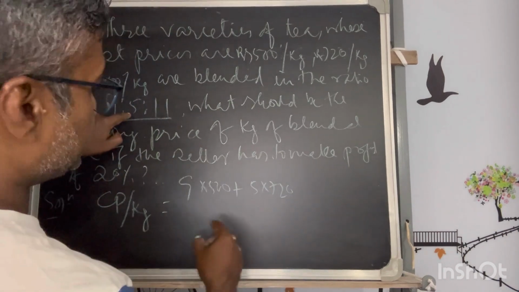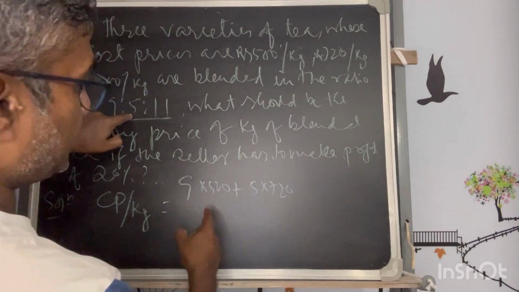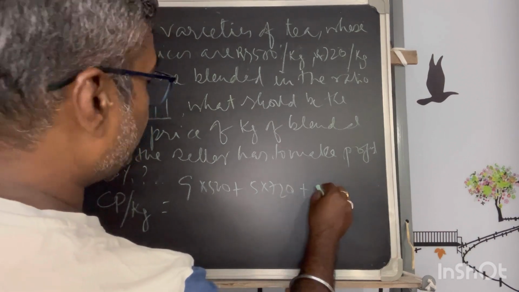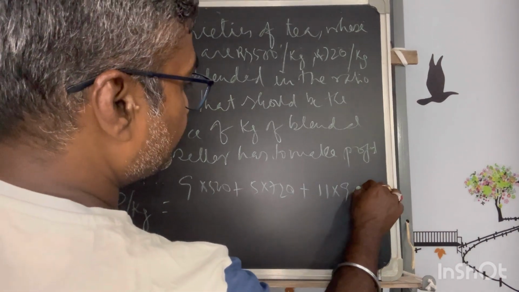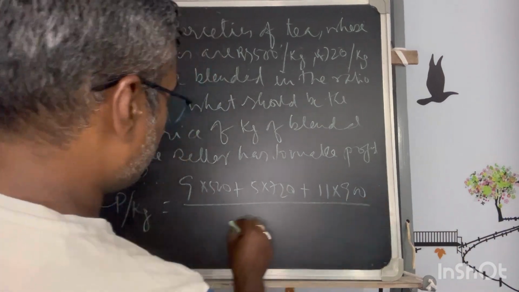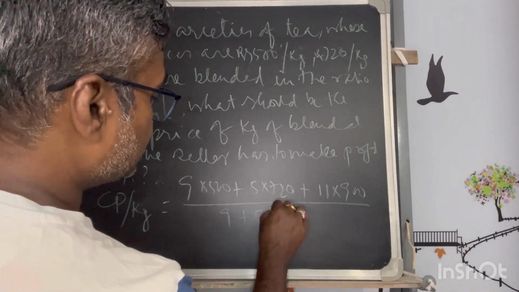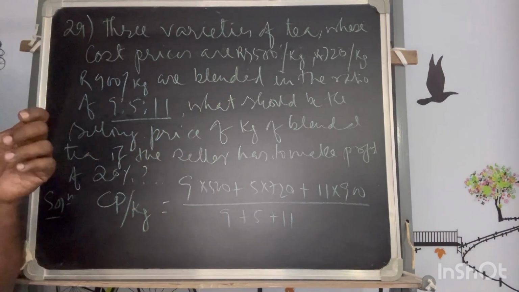I am just taking the ratio directly, not taking any multiplier factor. That will give you the same result, because x is not a part of this, divided by 9 plus 5 plus 11.